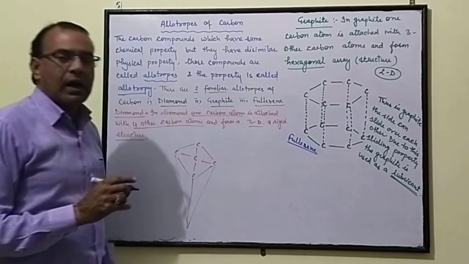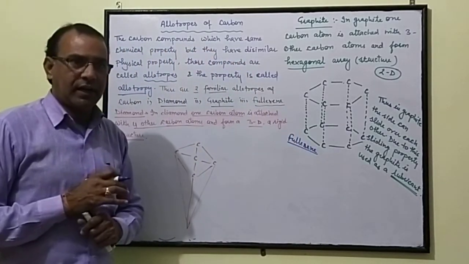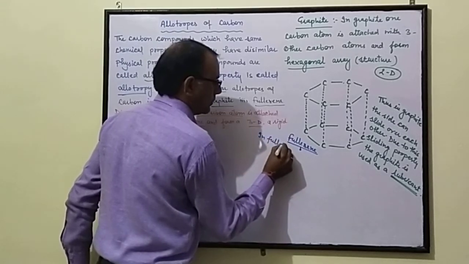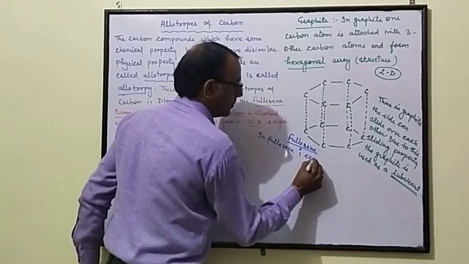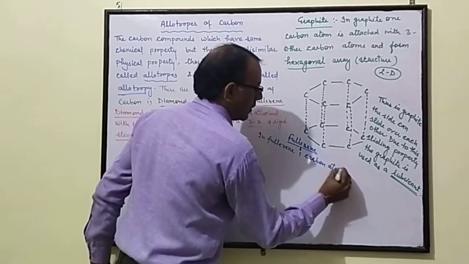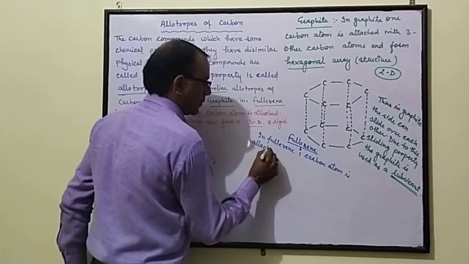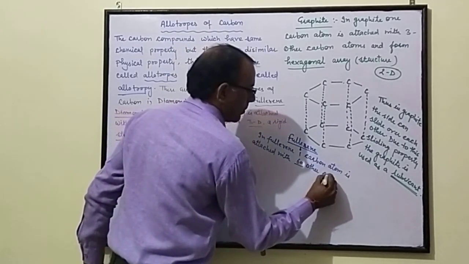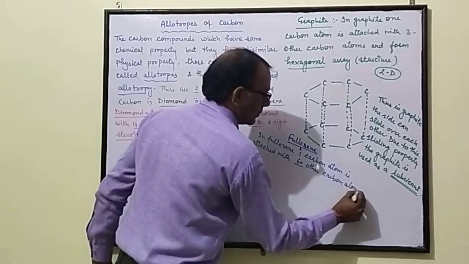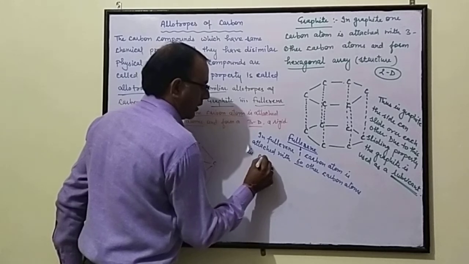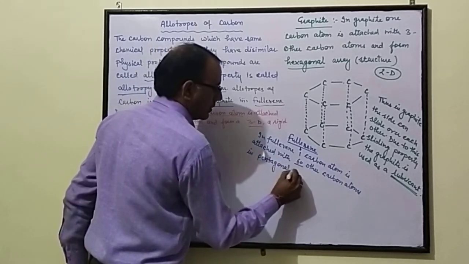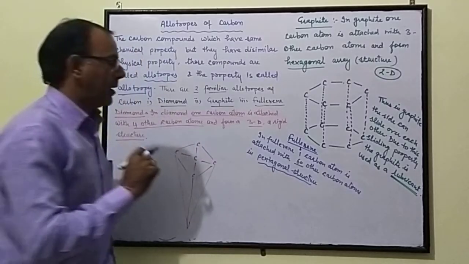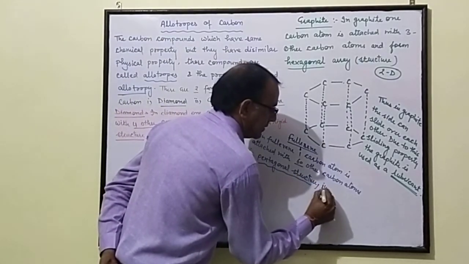In fullerene, 1 carbon atom is attached with 60 other carbon atoms in the form of a pentagonal array. In fullerene, the structure is pentagonal, just like a soccer ball.